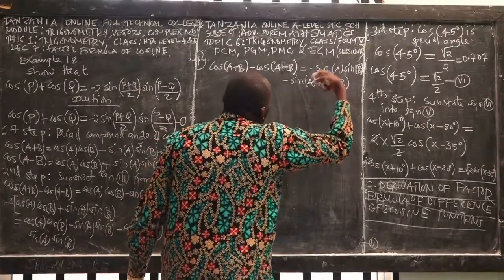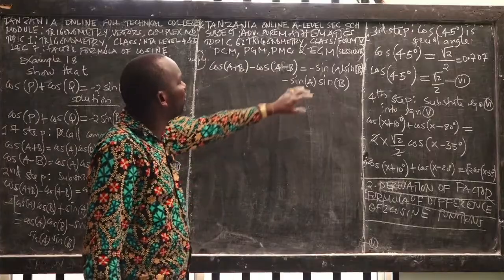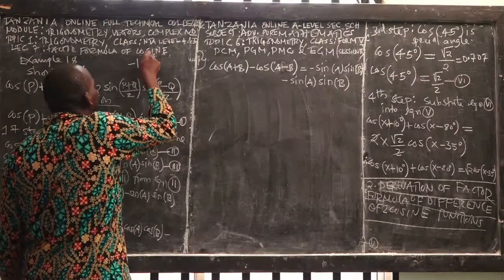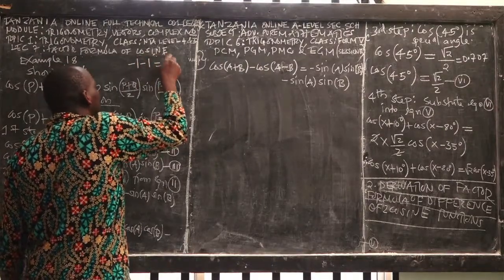To simply understand that, take negative 1 minus 1. What do you get? You get negative 2.